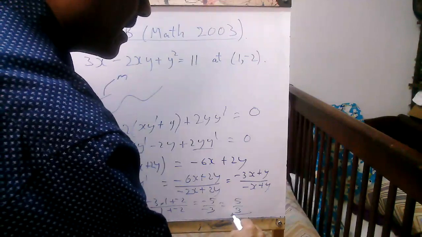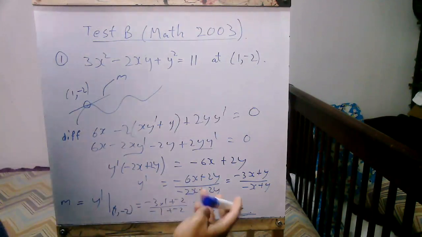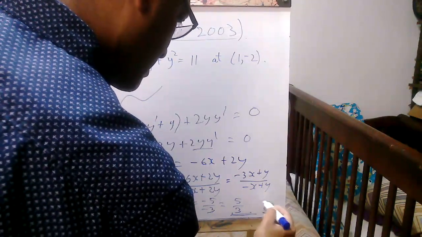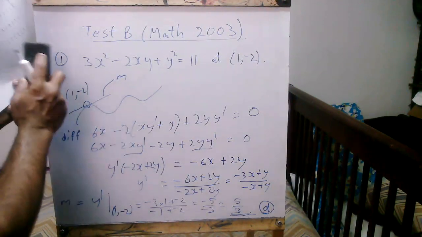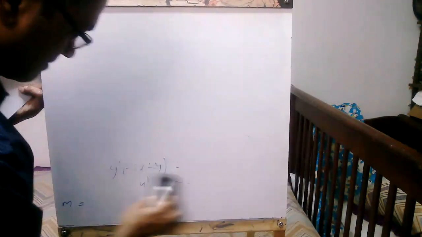This is the final answer to question number 1, and that is answer choice D. I'm going to upload this to the Blackboard, as I said, with answers and answer choices.